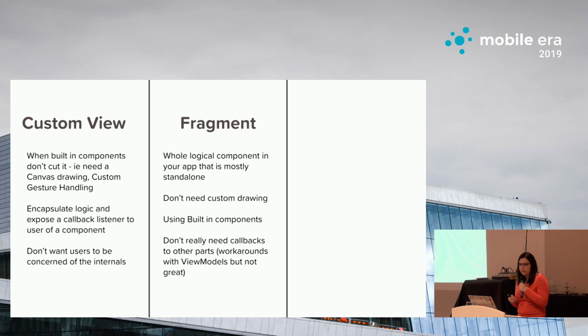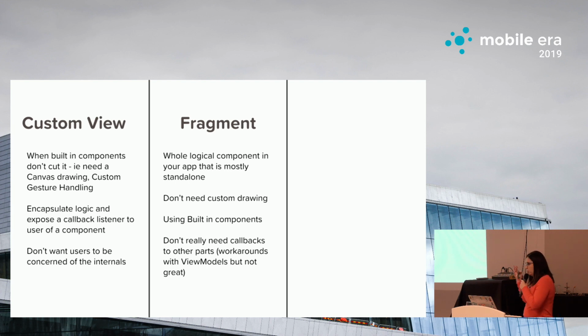So when do I decide to use a fragment? A fragment I basically decide to use when it's a whole logical component within my app that's mostly standalone. I don't need custom drawing, for instance. I'm going to default to a custom view if I have to do that. And I'm probably using built-in components, or I'm embedding a custom view inside that.